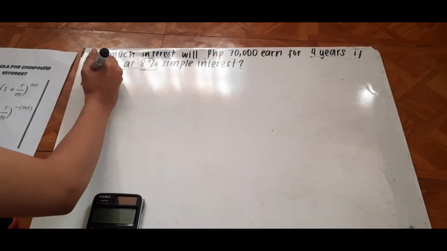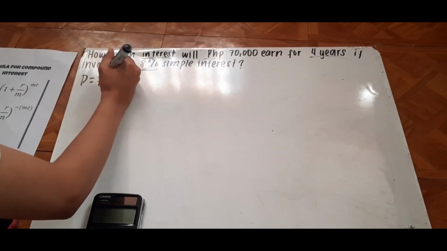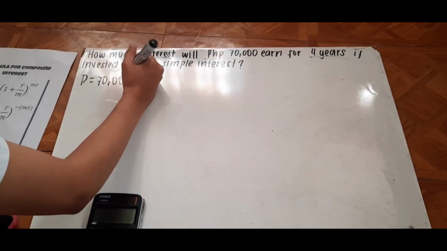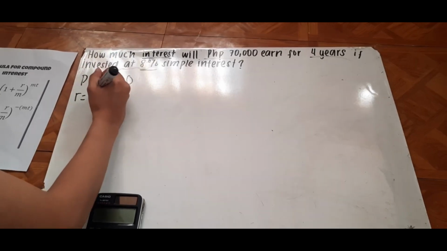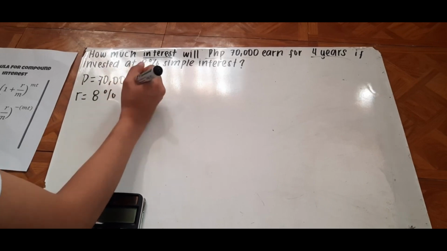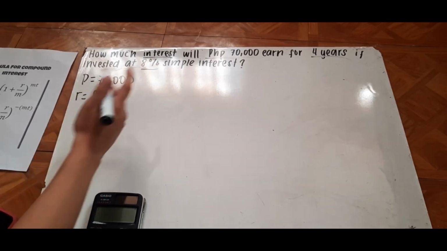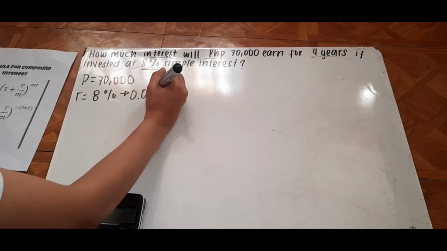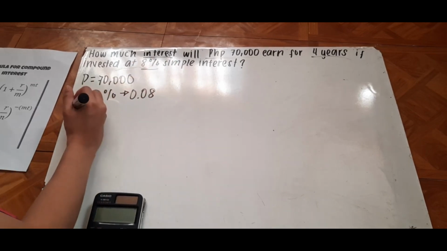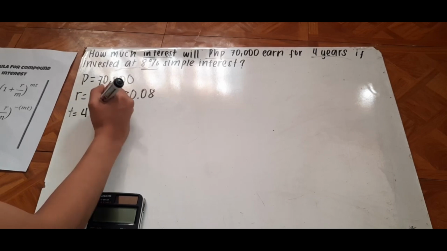So let's write that down. Rate is 8%, and of course, to turn it into a decimal form, divided by 100, and the answer would be 0.08. And time would be 4 years.